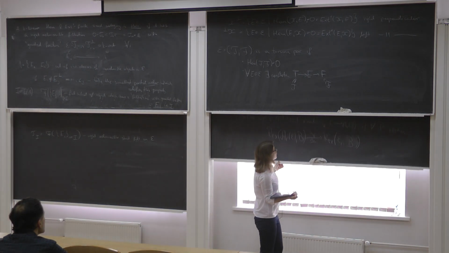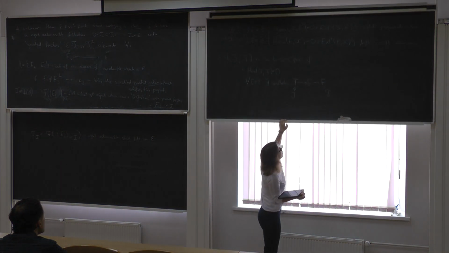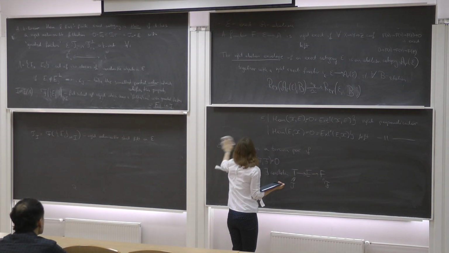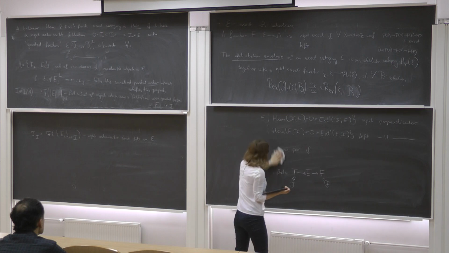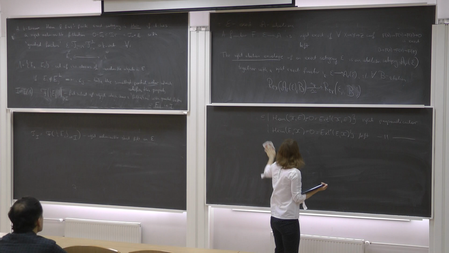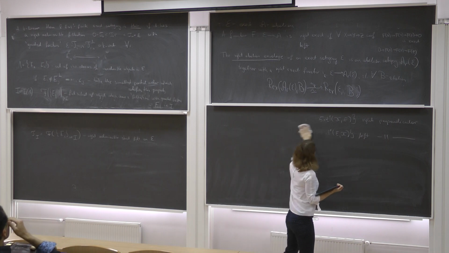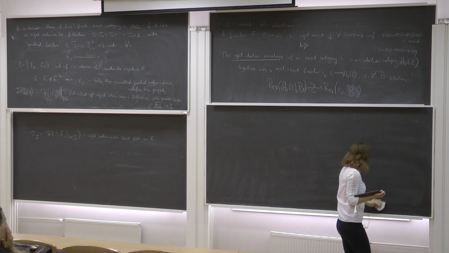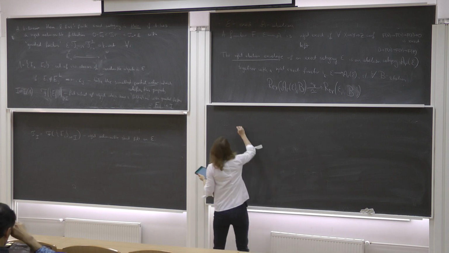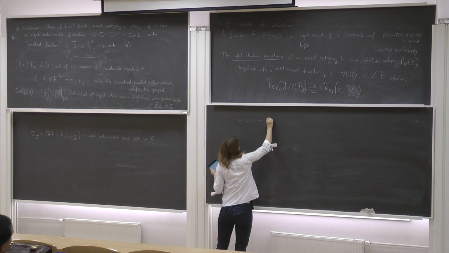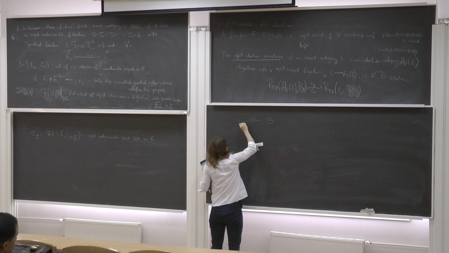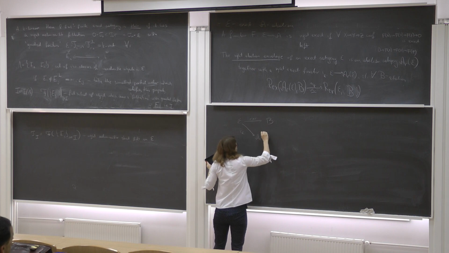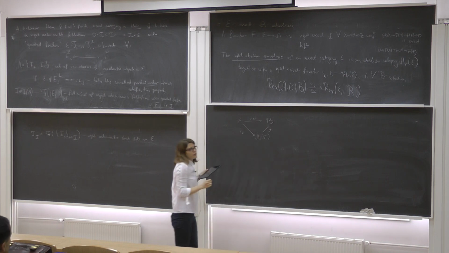So in other words, whenever I have a right exact functor from my category E, then I can more or less uniquely extend it to a right exact functor from the envelope. So this is right exact, and then I have my I_R to the envelope, and this one is unique up to isomorphism.